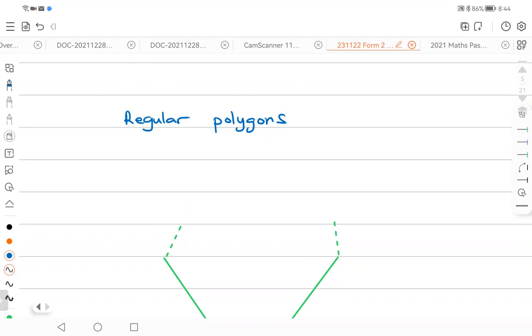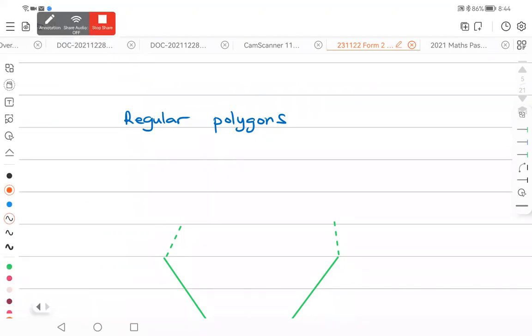So when we talk about a regular polygon, what does it mean? Regular. Regular has equal angles. What else?